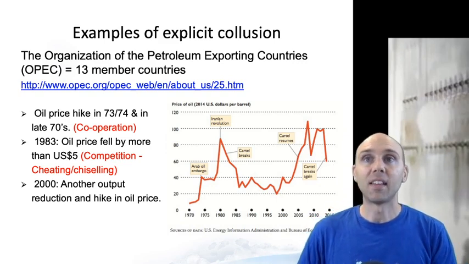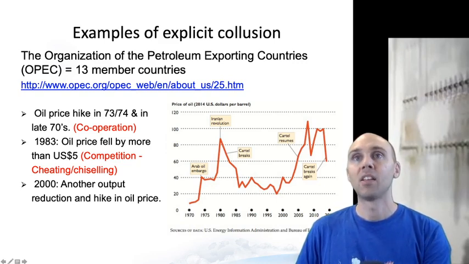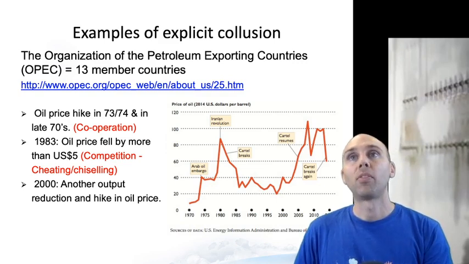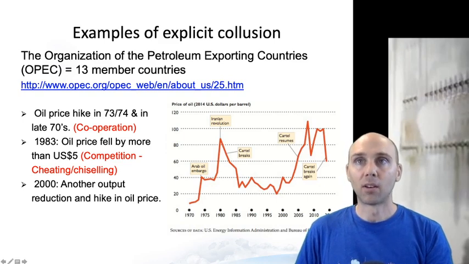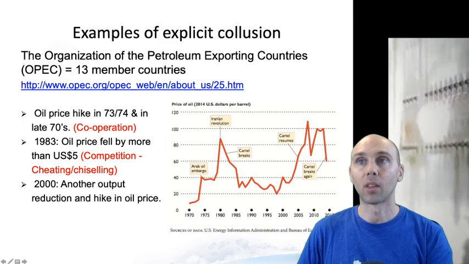So what we can see is that, say, in the late 70s, there was a fair bit of cooperation going on, and high oil prices started through actions by OPEC. But then the revolution in Iran saw the cartel break, and the price actually plummet.